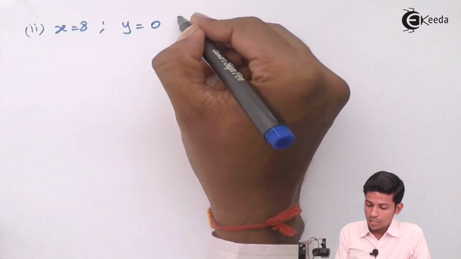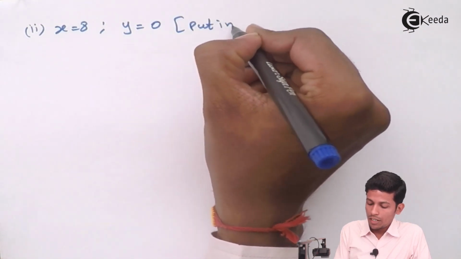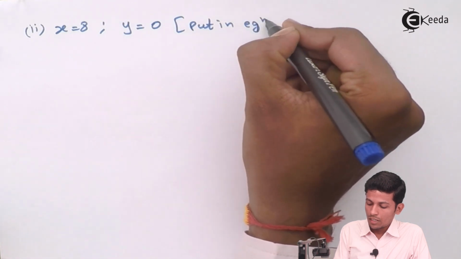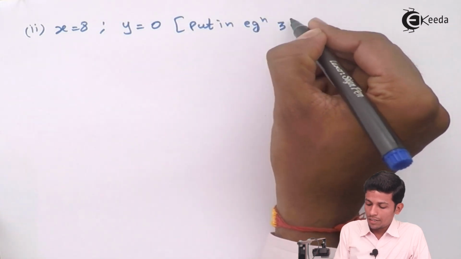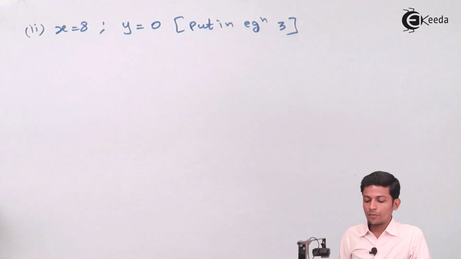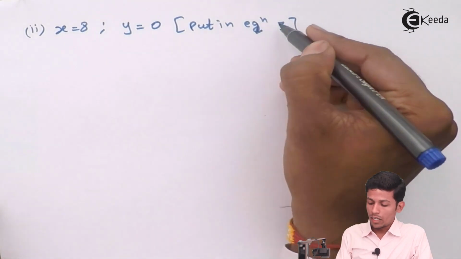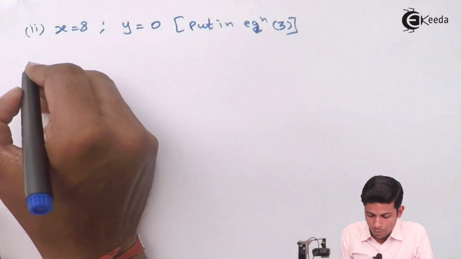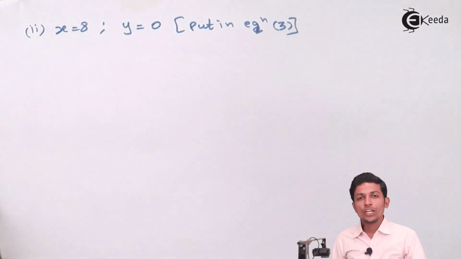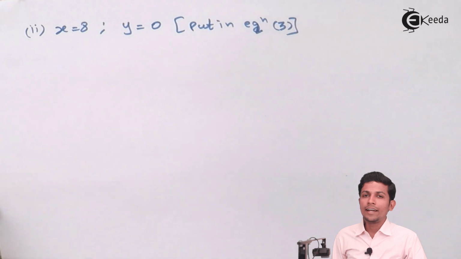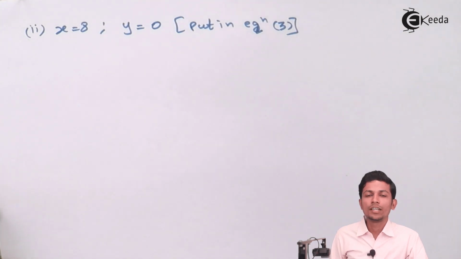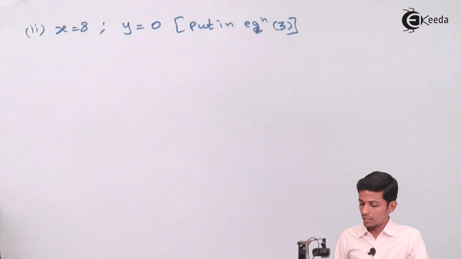Put in equation 3. So what will come over here? See, when you are putting in equation 3, as you all know, a minus sign and 0 will cancel the whole term in Macaulay's double integration method.